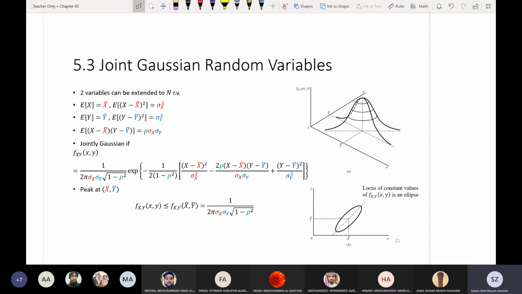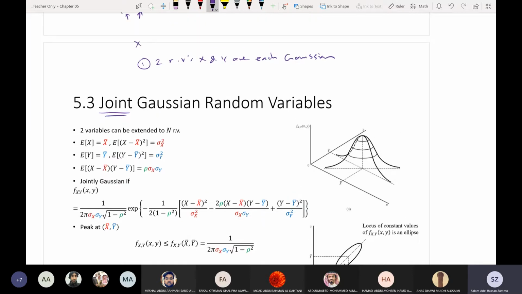What does jointly Gaussian mean? First of all, the two random variables x and y are each Gaussian. This is the first thing: each one of them has to be Gaussian.